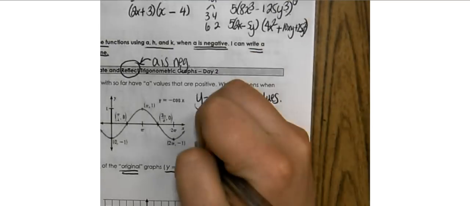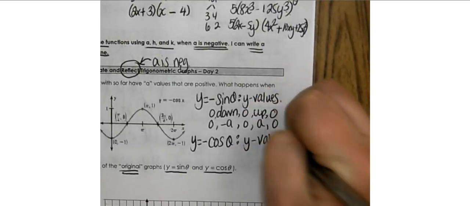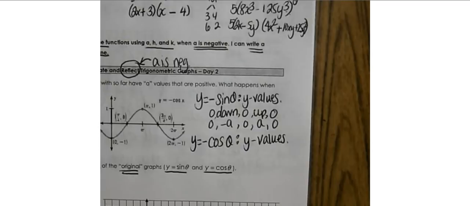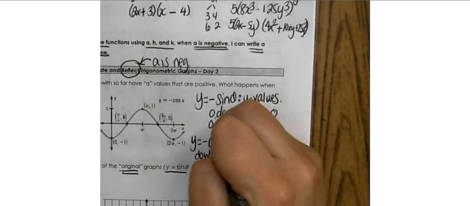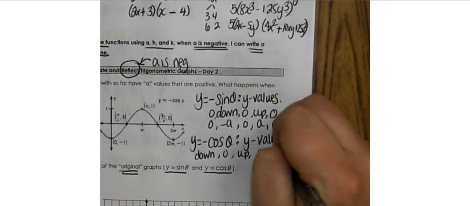When it comes to cosine, y is equal to negative cosine of theta, or of x, our y values are going to be as follows. Instead of starting up, we're going to start down. So it's going to be down, 0, up, 0, down.